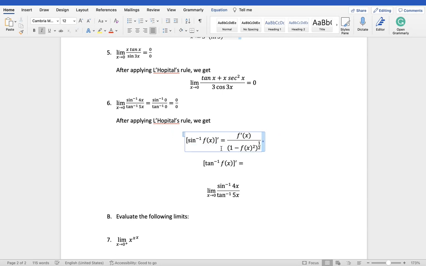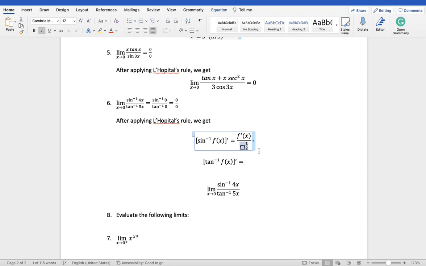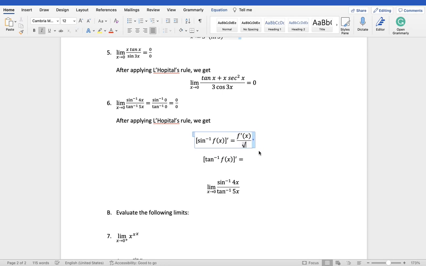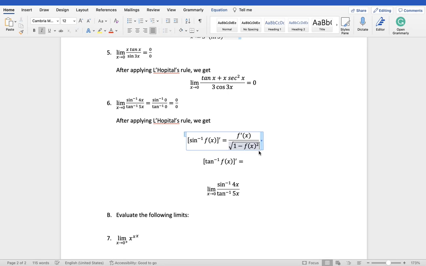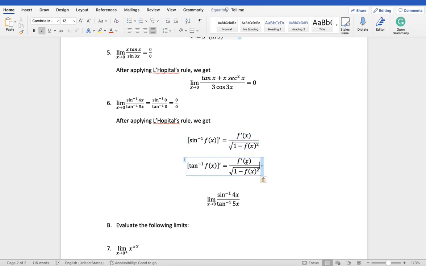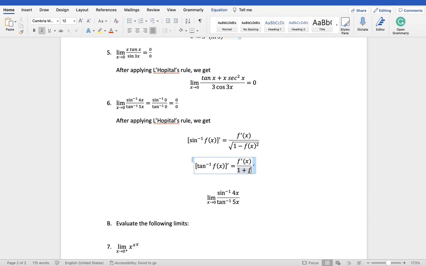And for tan inverse you have almost the same thing, but now in the denominator you have 1 plus f of x squared.